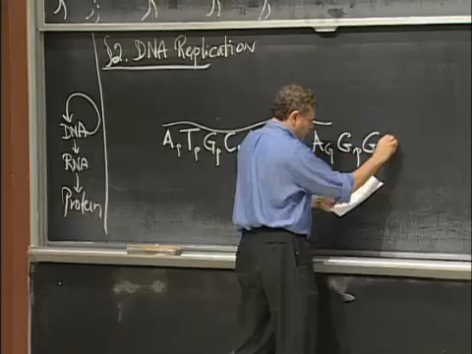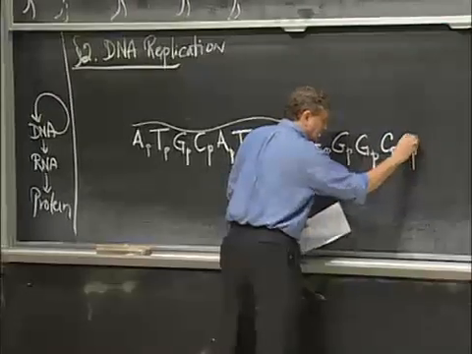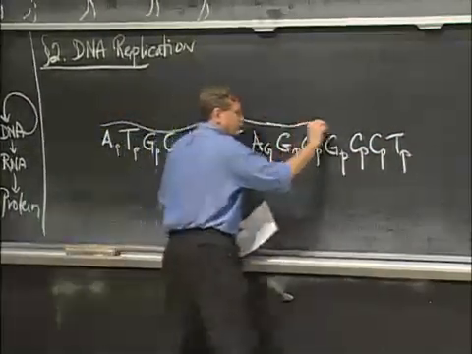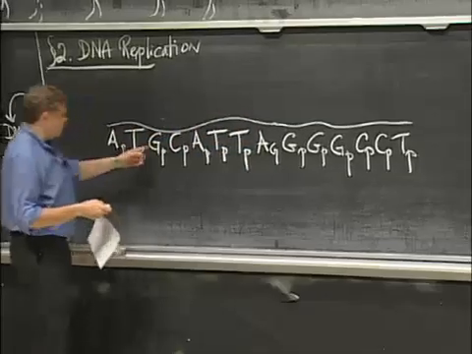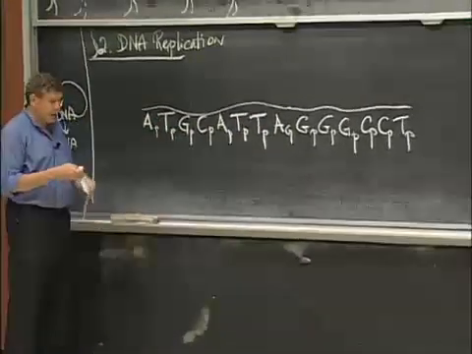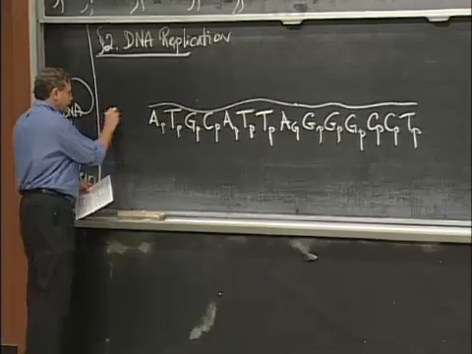I'm not going to write the phosphates too much longer, guys, but anyway, C phosphate, T phosphate, like that, okay? Pretty soon, in fact almost immediately, I'll start dropping the phosphates in here, but that is the way it goes. All right, that's a template.